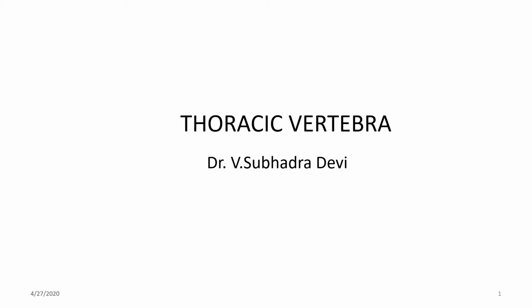They are the cervical, thoracic, lumbar, sacral and coccygeal regions. And among these vertebrae, we will be studying the typical vertebra. The typical vertebra is the thoracic vertebra, especially one in the middle region of the thorax.